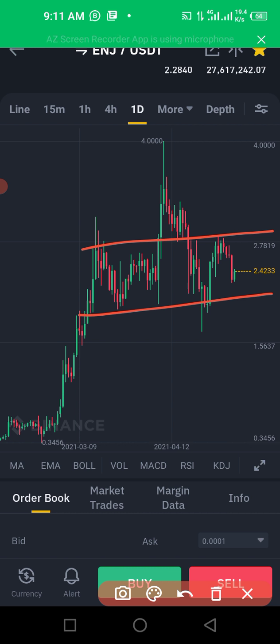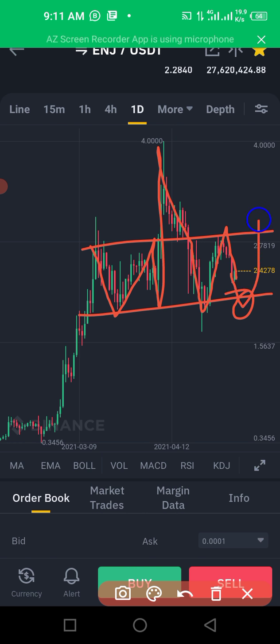So I'm expecting the market to go up and come down, which it has been doing. The market broke, but that's a fake breakout. It came down into this rectangular box again, goes up, comes down, but it's not yet touching this part here. So I'm expecting the market to come down, then go back up.